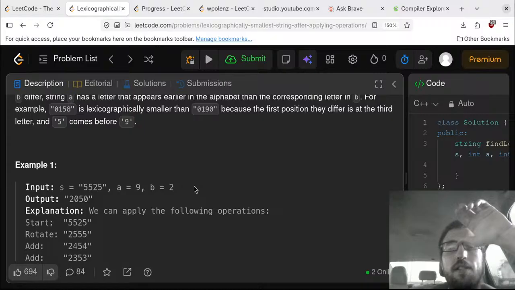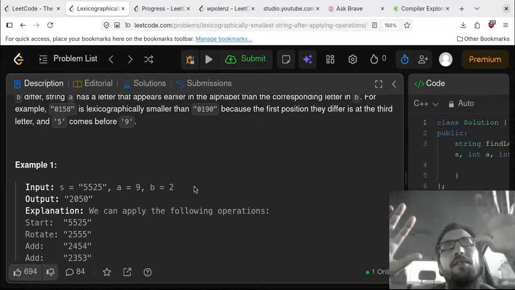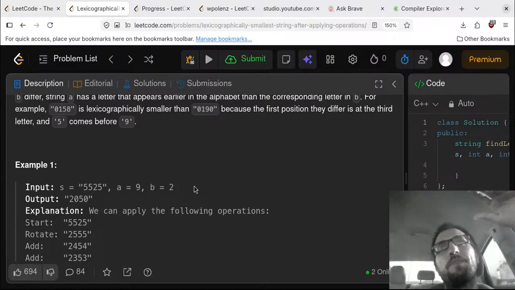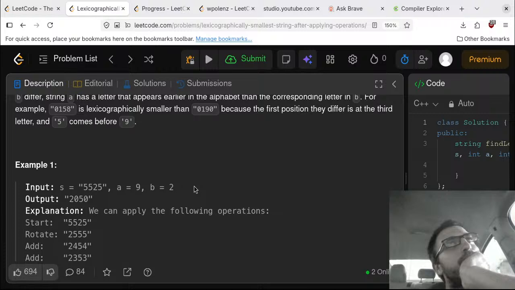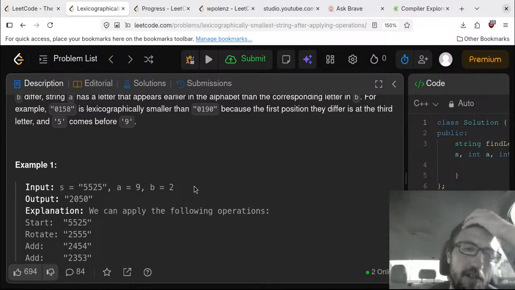I'm not quite seeing it, but I'm thinking if you could only modify the odd values and there's only a finite number of states that it could be, or the odd indices, then the tricky part there is, you might think, okay, well, just get the smallest value you can furthest to the left, right?